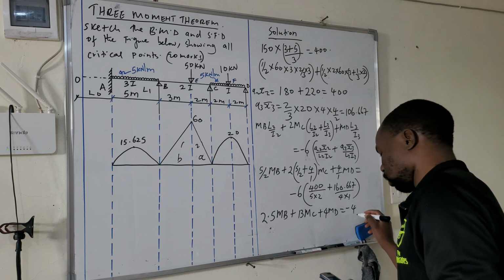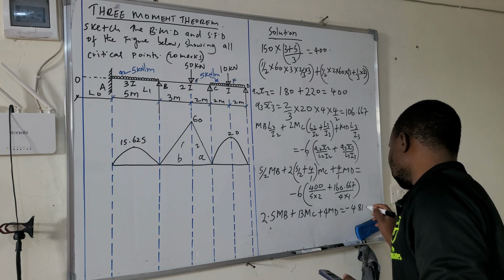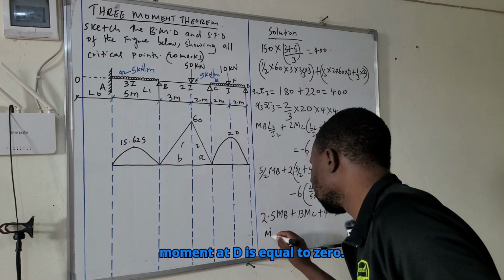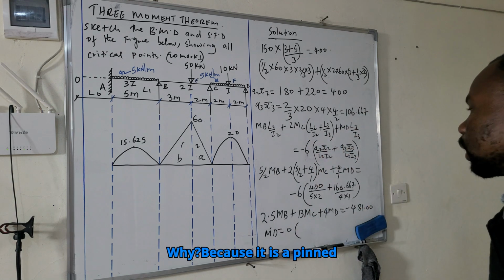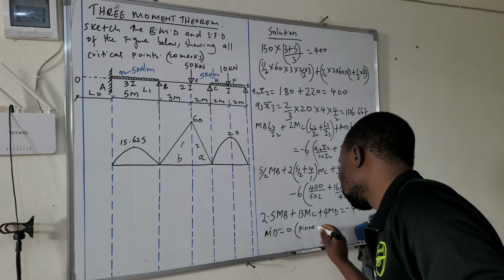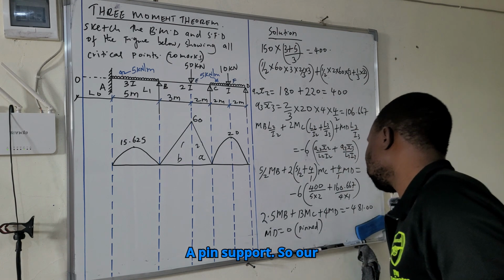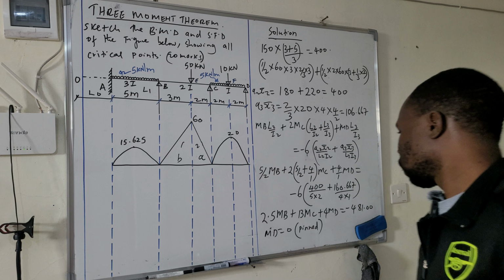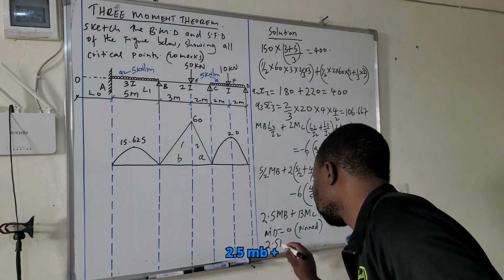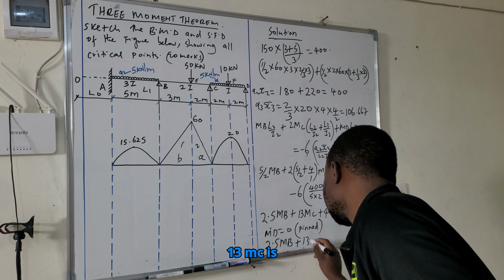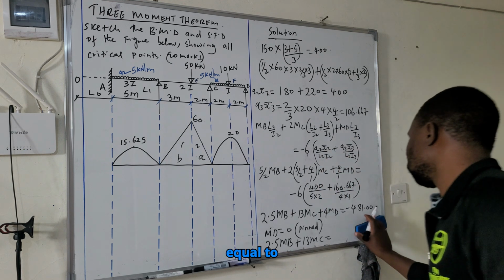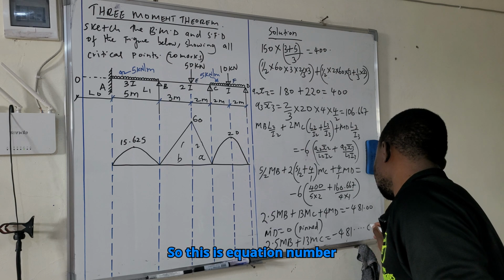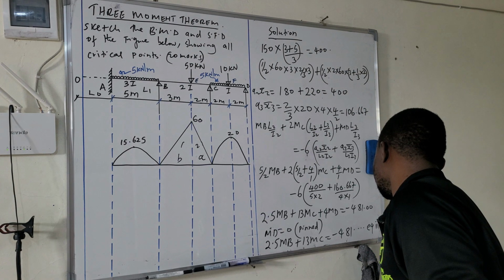That is negative 481.00. We also know that moment at D, MD, is equal to 0. Why? Because it is a pinned support. So our final equation will be 2.5 MB plus 13 MC is equal to negative 481. So this is equation number 3.